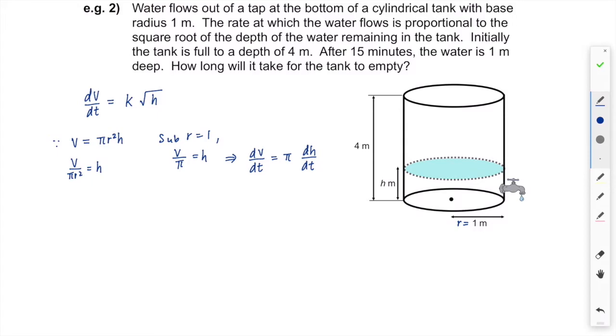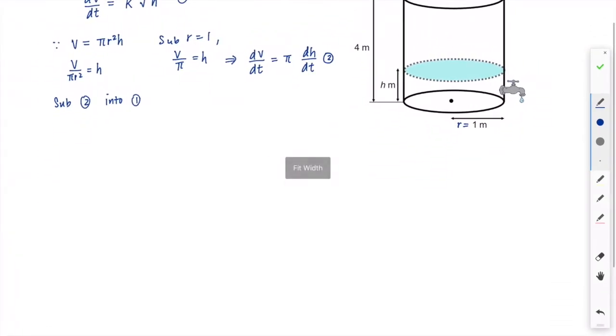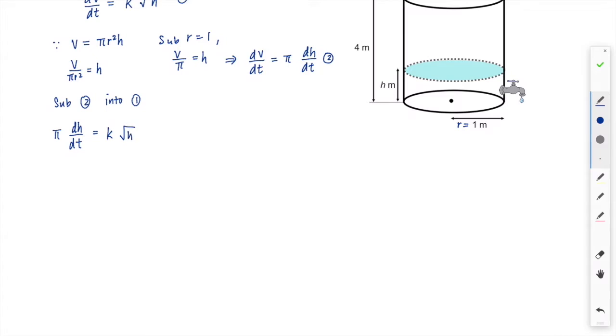I'm going to label this relation 2, and the original differential equation 1. Now I'm going to sub 2 into 1, which gives me pi dh over dt equals k square root of h.